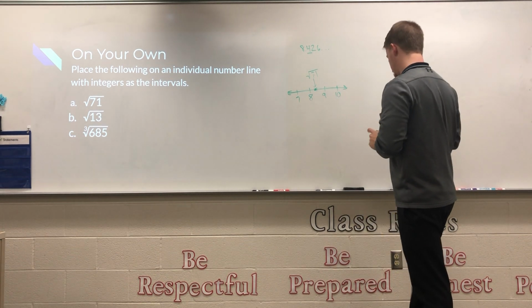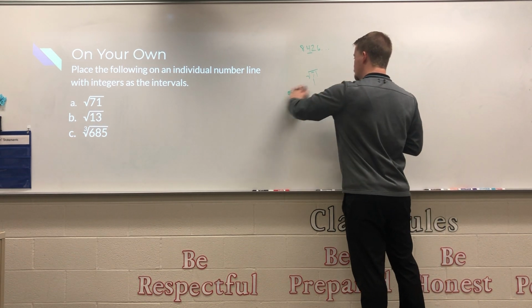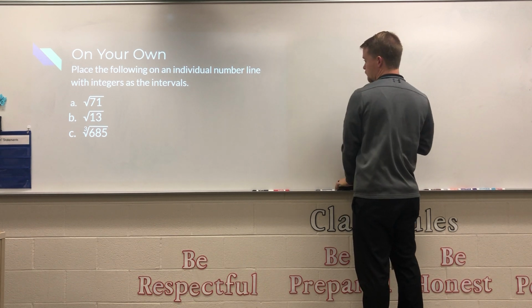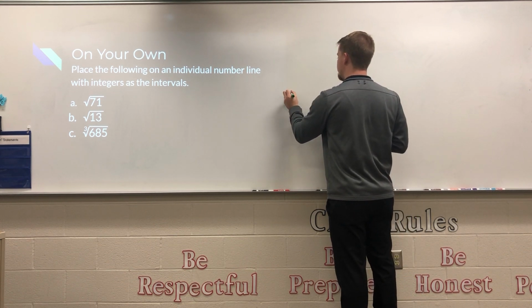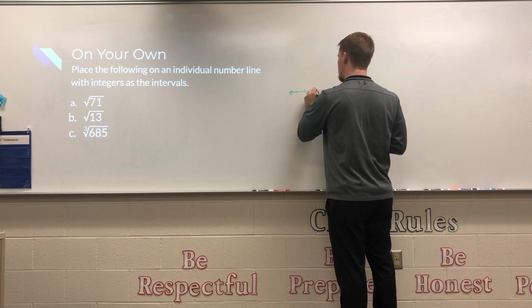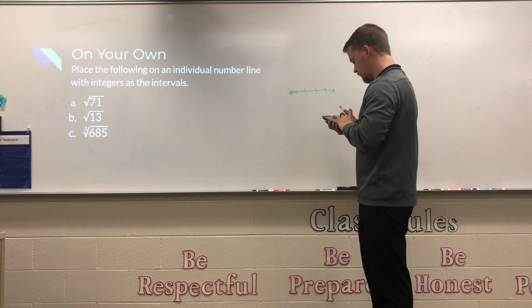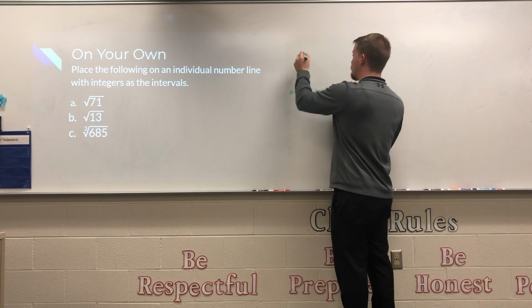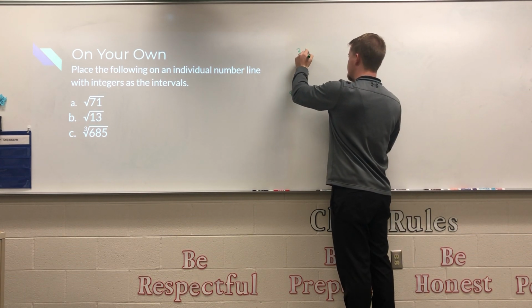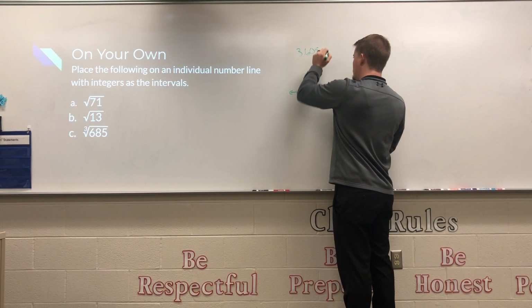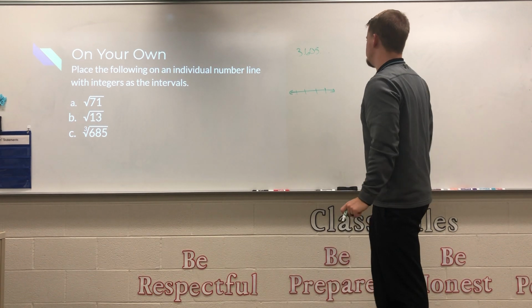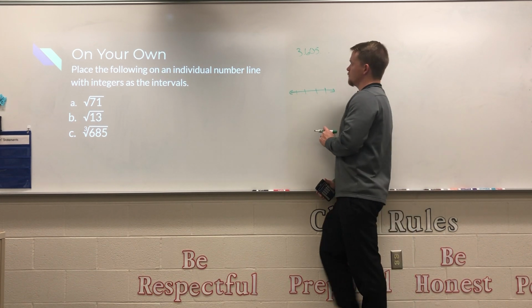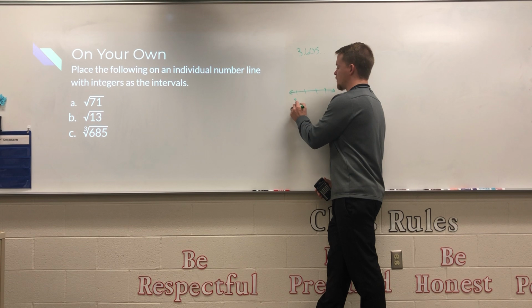Okay, let's look at the next one. Square root of 13. I'm going to plug in my calculator. Square root of 13 is 3.605... So again, I'll just label these 3, 4, 5, 6.